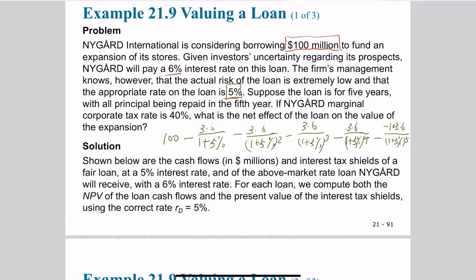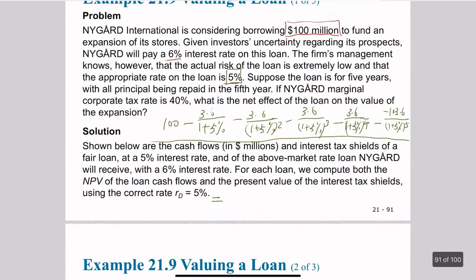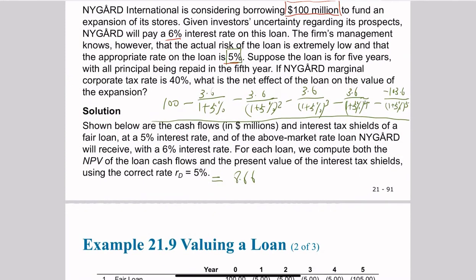So if you use your calculator, then you will find out the value here is 8.66. So basically the net effect of this loan is $8.66 million, right? So you can see that this is pretty much like calculating the NPV of a project.